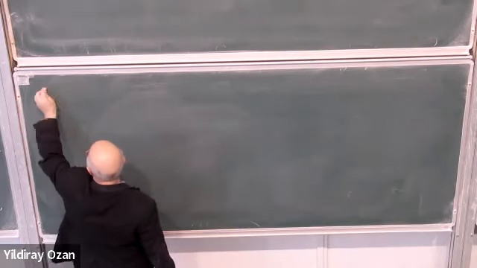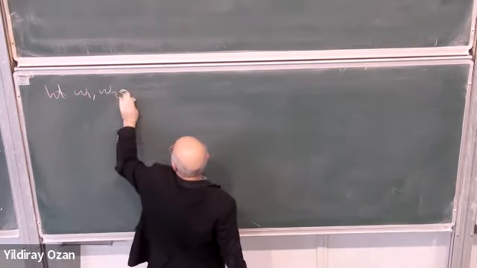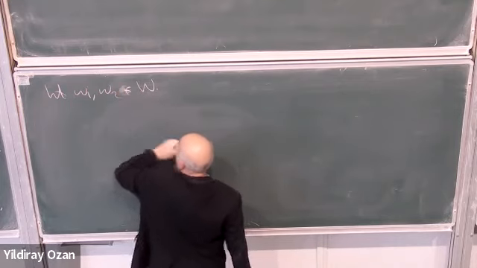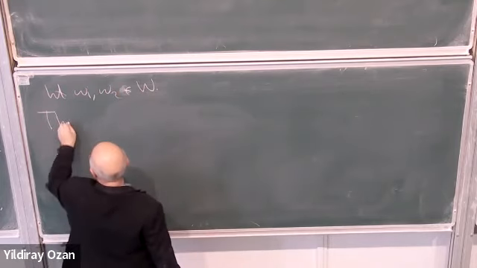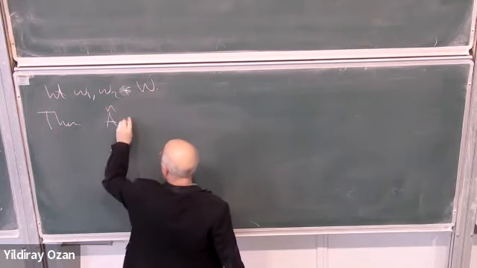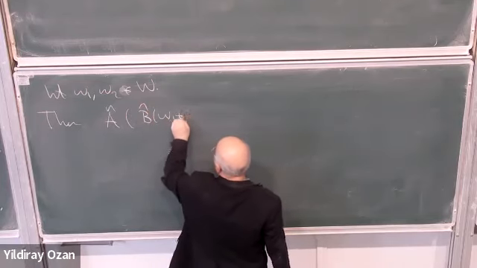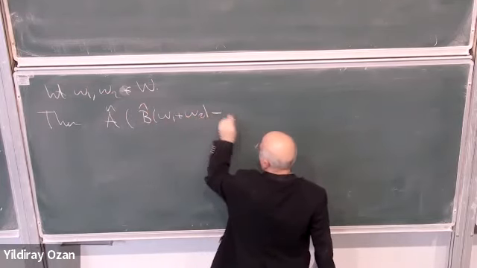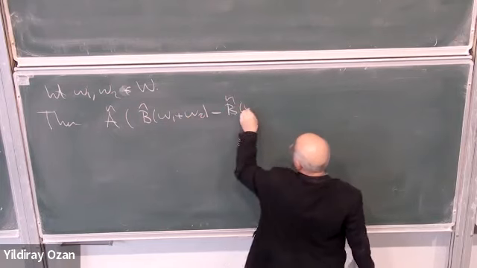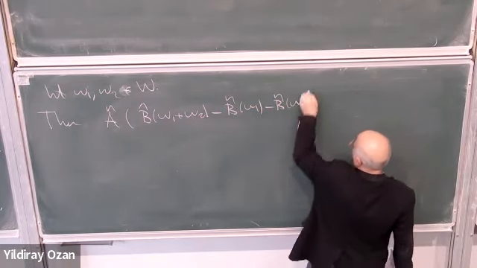Let's start with the first one. Let w1, w2 in W. Then let's look at this expression: A hat of B hat of w1 plus w2 minus B hat of w1 minus B hat of w2.